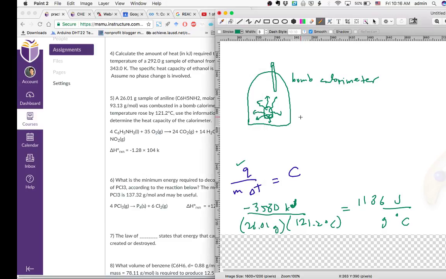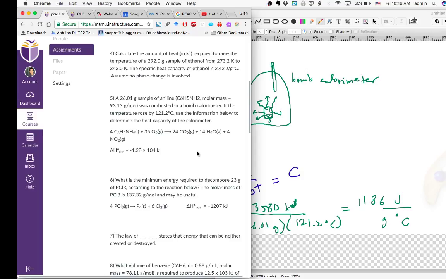But in this case, we're not using the heat capacity of some substance. We're calculating the heat capacity of the tool, the bomb calorimeter, because this is the thing whose temperature gets increased by some reaction that releases heat, or some exothermic reaction inside of it. That's it for number 5.